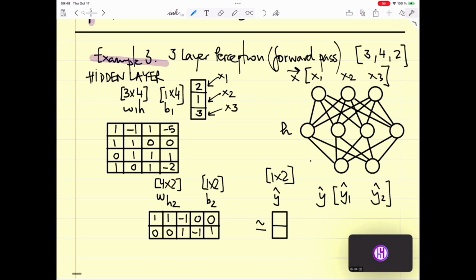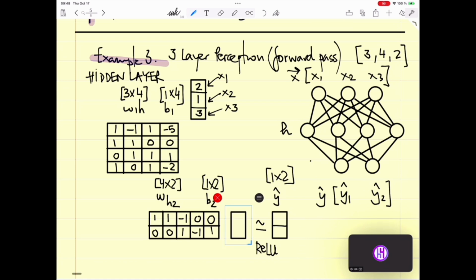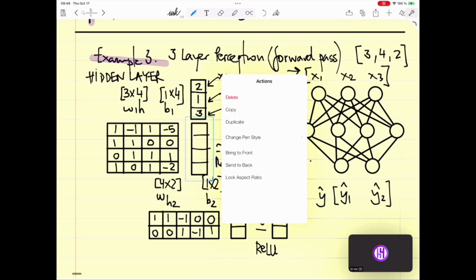In order to get there, we need a ReLU, rectified linear unit. In order to get the ReLU, we need to multiply the output of the hidden layer again and the output of the hidden layer.